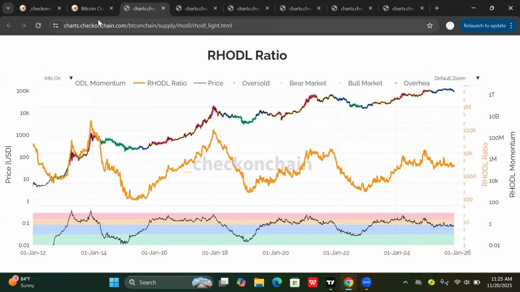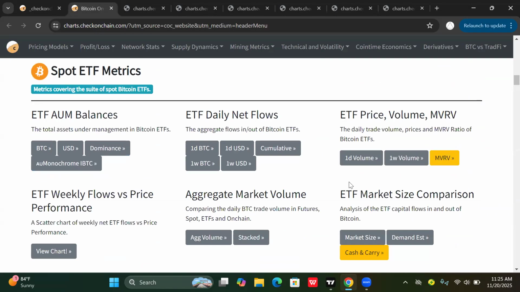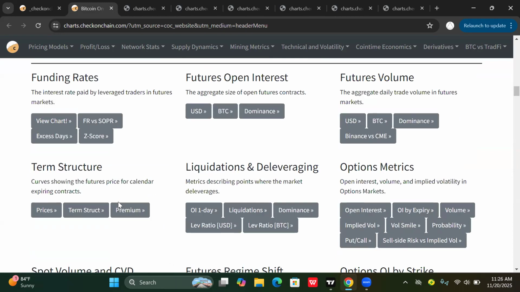Let's go back again. I want to make sure I touch all the metrics necessary here for the spot ETF metrics: ETF daily net flows, cumulative, ETF volume, cash carry, aggregated market volume, weekly flows, then liquidation, option metrics, open interest, put to call ratio.